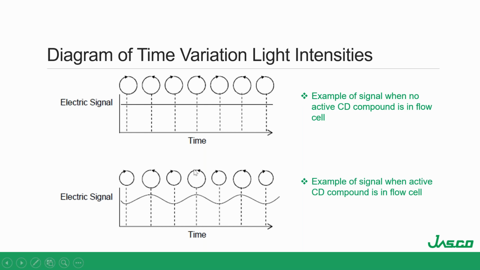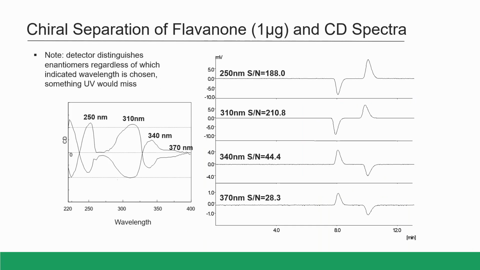Down here is an example of when a CD active compound is in the flow cell. You see the change in the direction of the light, and what you see is corresponding negative and positive peaks on the chromatogram. That's really the biggest difference you would see between this and a UV detector when looking at your compounds. One peak is going to be negative and one peak is going to be positive.